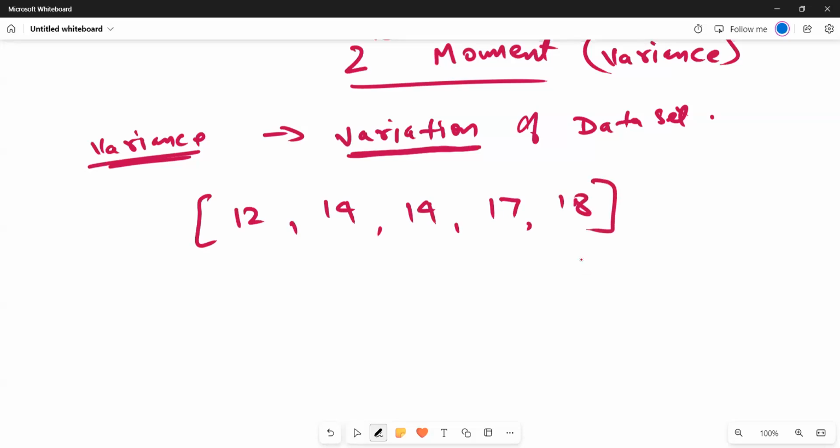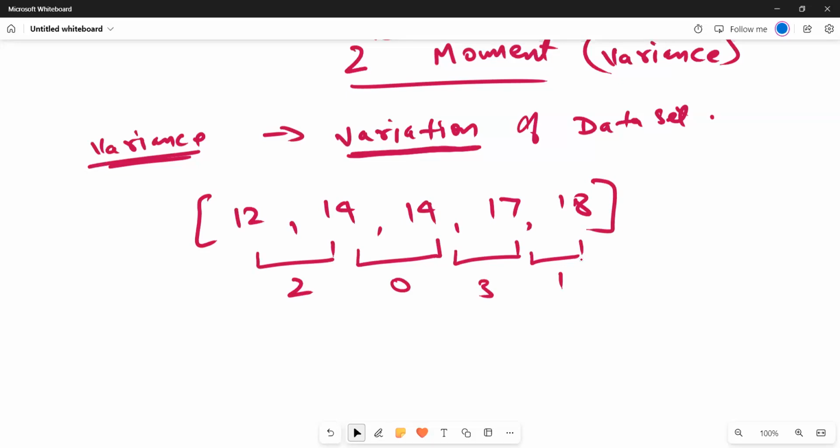I'll simply calculate the difference between these two, this is 2, between these two, this is 0, between these two, this is 3, and between these two, this is 1. So this is the variation in the data set. How my data is varying, or what is basically the difference between 2 points.